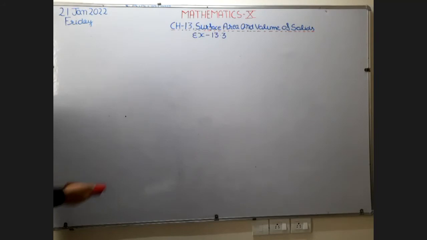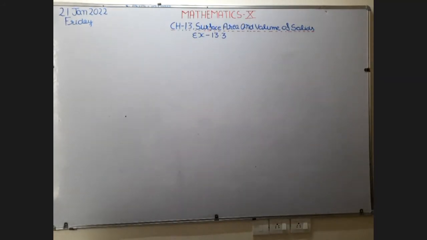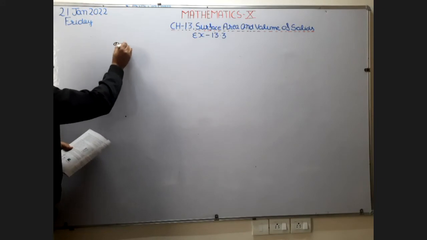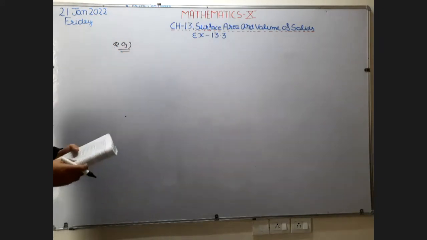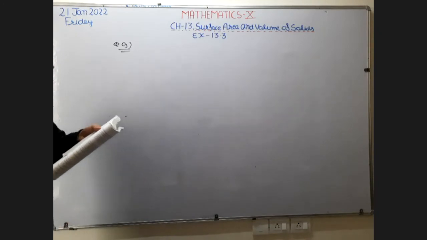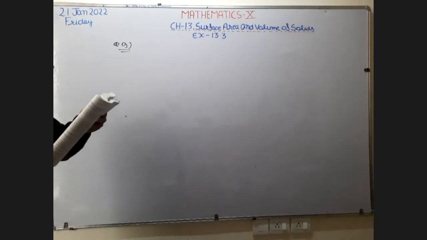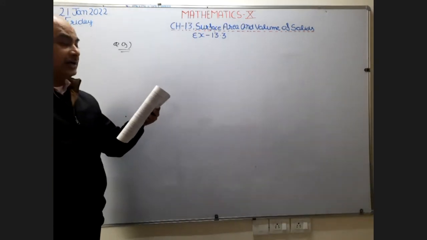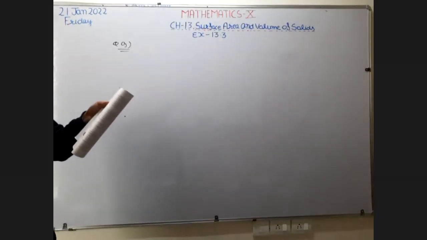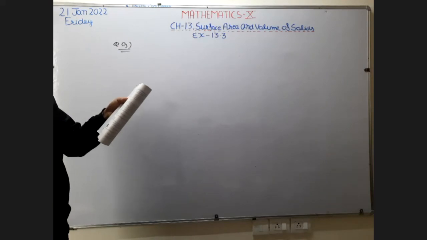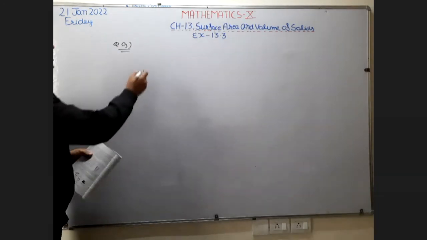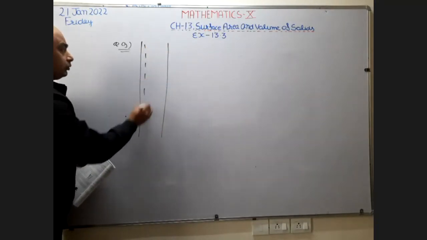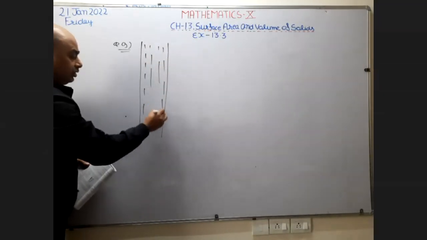Now check the last question, question number 9. Read the statement of this question first. A farmer connects a pipe of internal diameter 20 centimeter from a canal into a cylindrical tank in her field, which is 10 meter in diameter and 2 meter deep. Again, a canal is there. Suppose this one is your canal and water is flowing in this canal in this way.